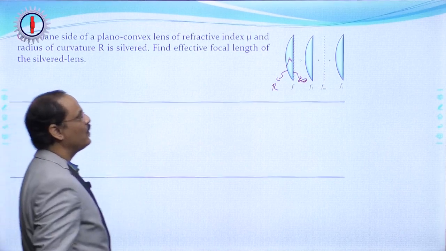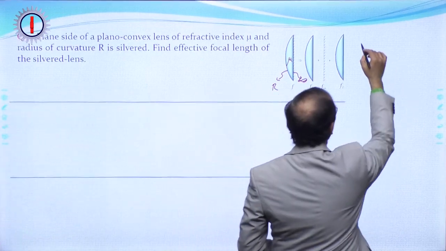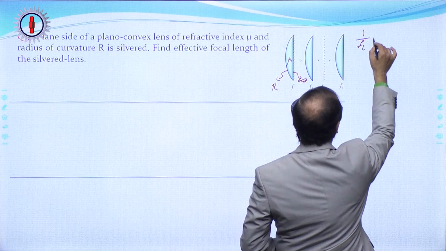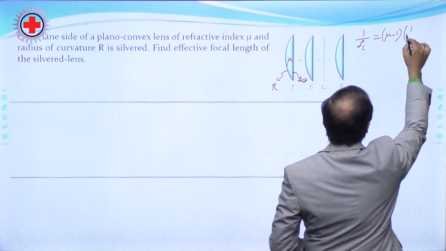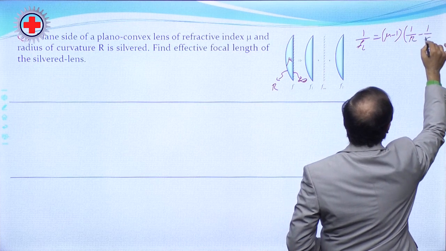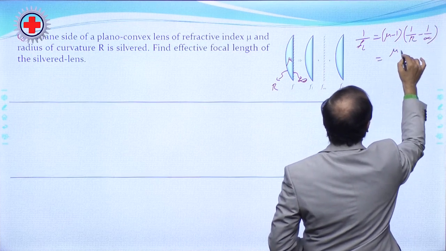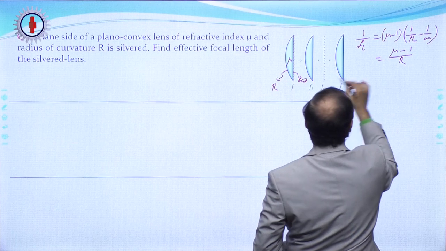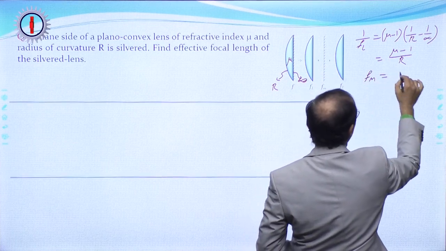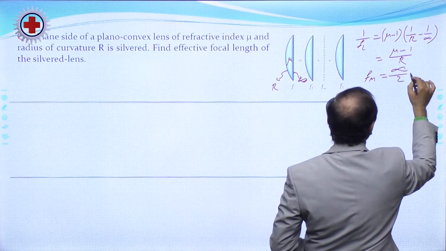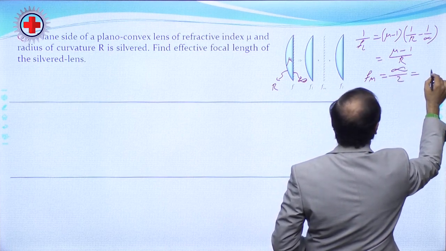Then what about the focal length of the lens? We have 1 by FL equal to mu minus 1 into 1 by r minus 1 by infinity, that is mu minus 1 by r, and the focal length of the mirror is r by 2, you know, that is infinity by 2, that is equal to infinity.